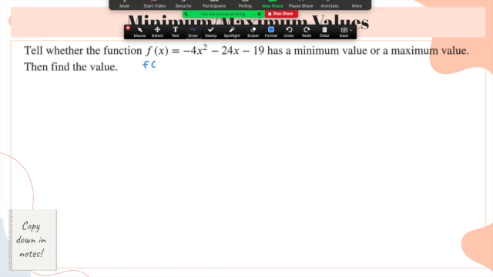So I have here f of x equals ax squared plus bx plus c. My a value is negative 4. My b value is negative 24. My c value is negative 19. So since my a value is negative, that means that I'm going to have a maximum value. We don't know what the value is yet, but at least we know it's going to be a maximum.